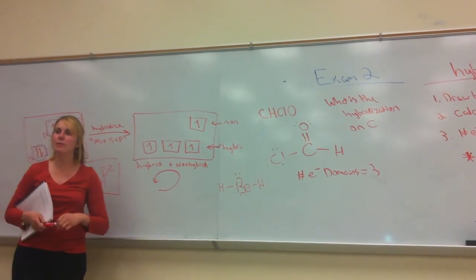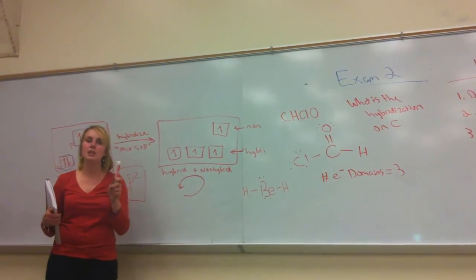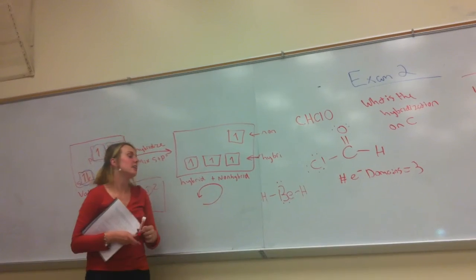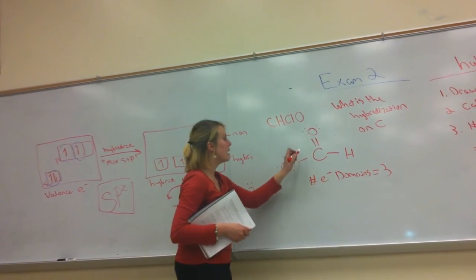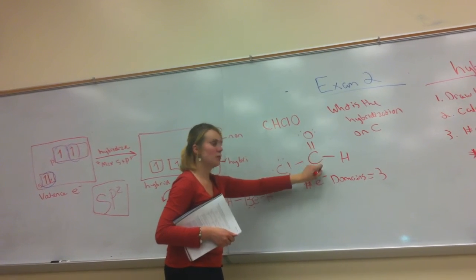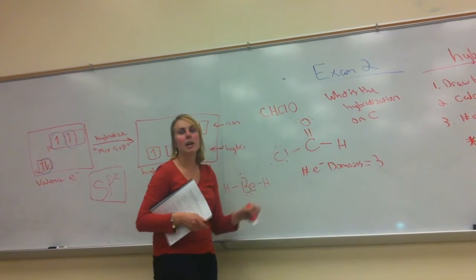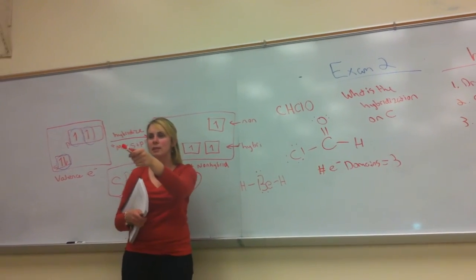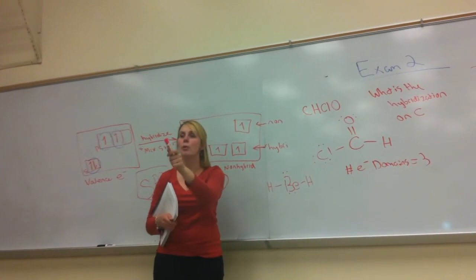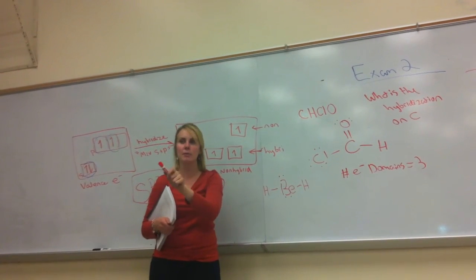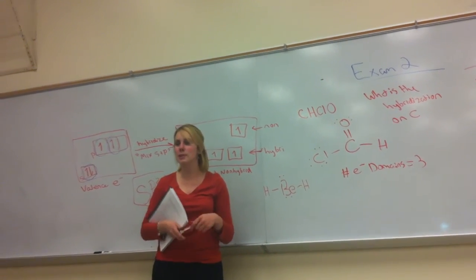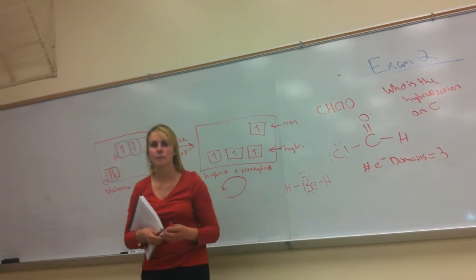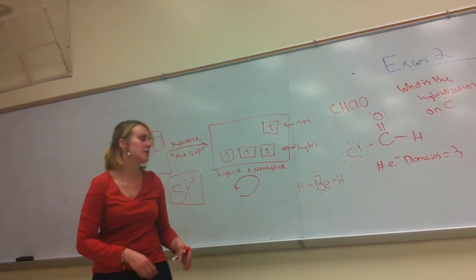I haven't tested it out with everything, but if you guys want to practice, what that student said is that you could just count the number of bonds. Start somewhere in the structure and say sp2 or sp3, for instance. But I haven't tried that with every atom, for instance group 1, group 2, and group 3. I don't know if that works yet. But if you guys want to try it at home and see if it works, you can totally use it on the exam. Good. I'm always into shortcuts.